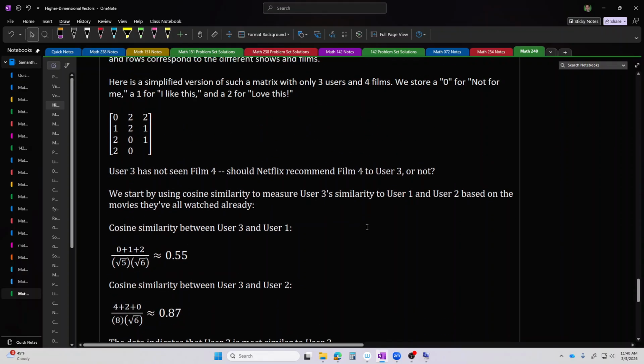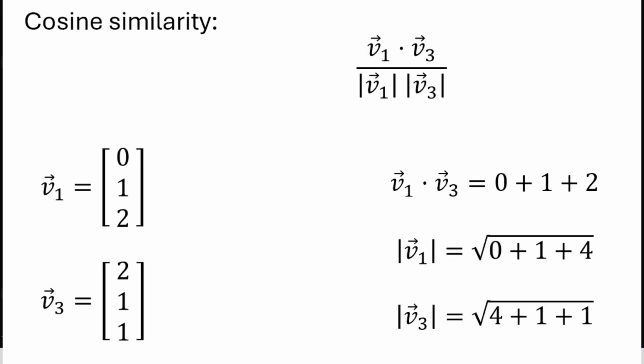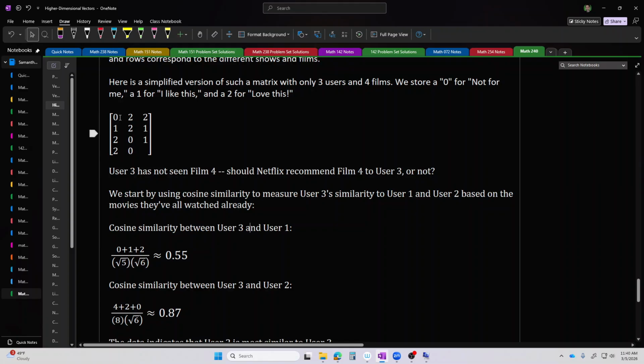Cosine similarity is used to determine the similarity between user number 3 here and the other 2 users in the matrix, user 1 and user 2. So we use the cosine similarity formula to measure the similarity between user number 3 and user number 1. Based on the films that both of them watched, how similar are their viewing tastes?